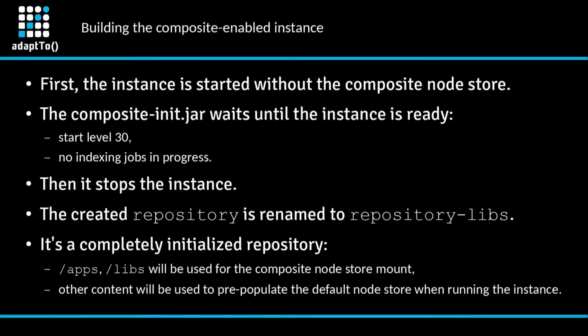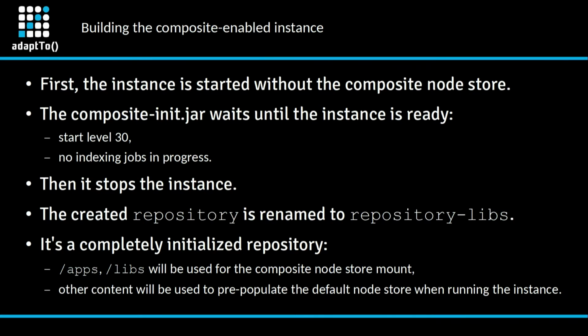Basically, for the sake of this task, we assume that the instance is ready when the start level is equal to 30, and there are no more indexing jobs in progress. So basically, it has started. It responds to the /login page, and nothing else happens in the background.